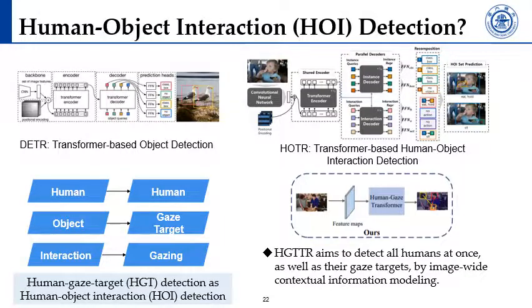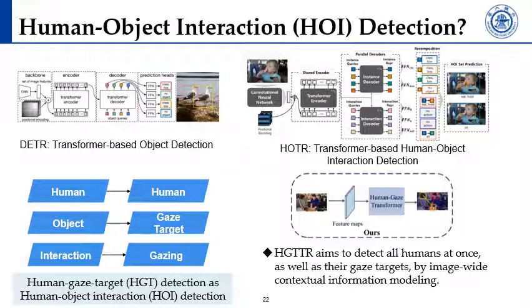I assume everyone is familiar with DETR. DETR is a transformer-based object detector to detect objects. It includes some object queries in the decoder and uses the Hungarian algorithm to match the queries to each ground truth object.